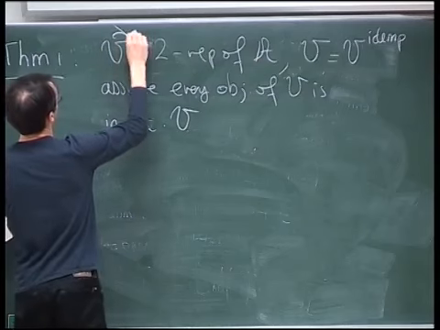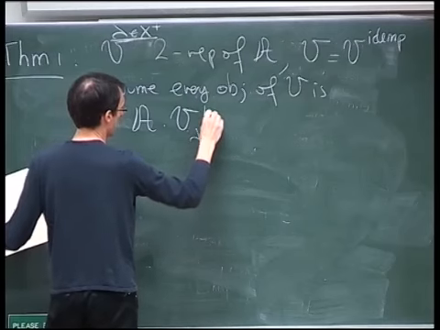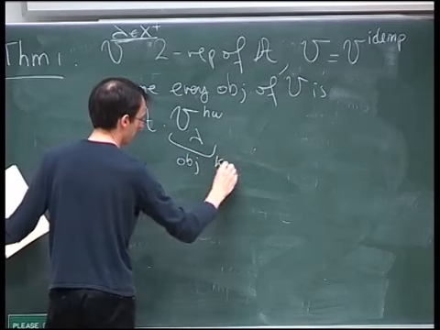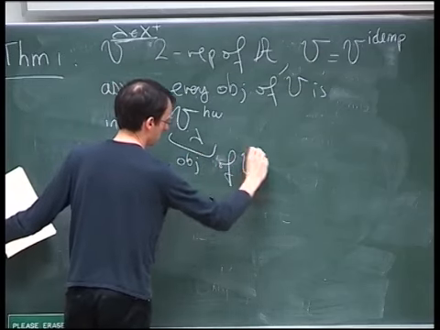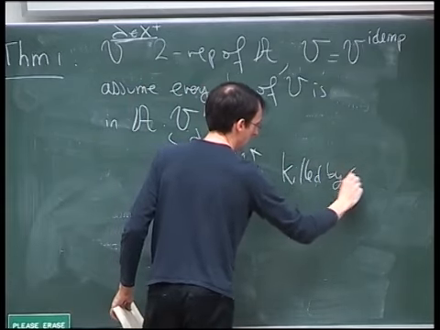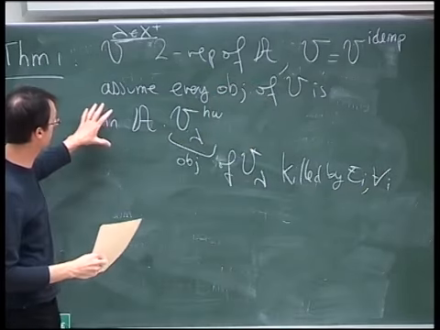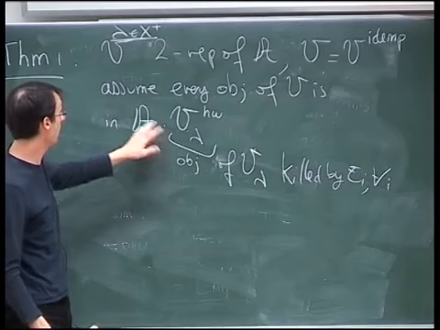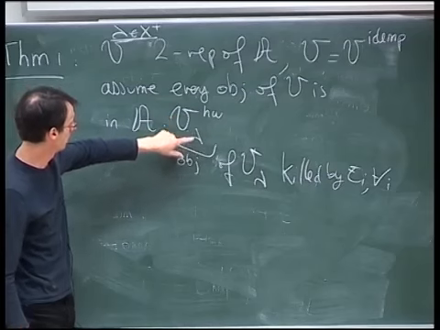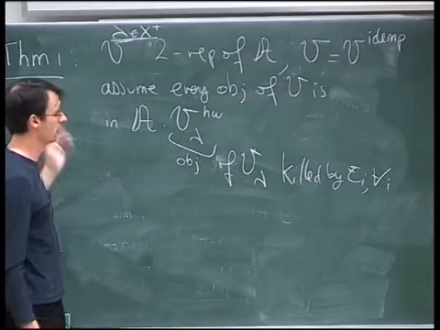I will fix maybe a lambda in X plus now. V lambda is the highest weight category, so these are the objects of V killed by Ei for all i. So I take a representation and I assume that every object can be obtained by starting with an object in this category V lambda, which is killed by all Eis, and applying products of E's and F's.